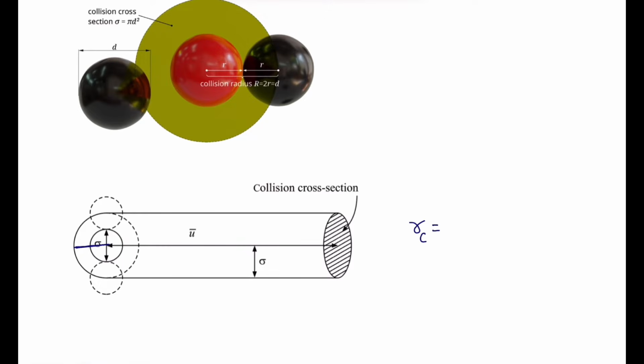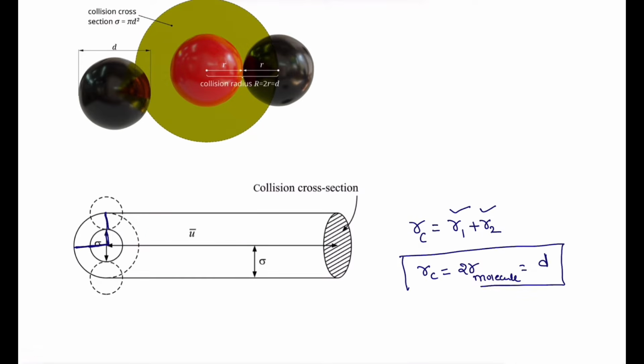Here this is exactly equal to the radius of the first molecule plus the radius of the second molecule. If both the molecules belong to the same gas, that means R1 is equal to R2, then the radius of the collision cross section is equal to 2 times the radius of the molecule, and that is equal to the diameter of the molecule. So this is about a collision cross section.